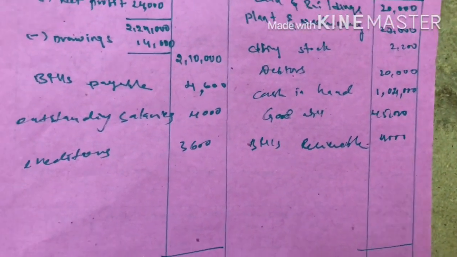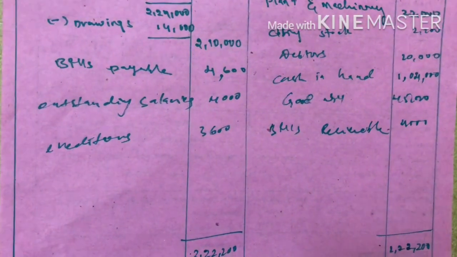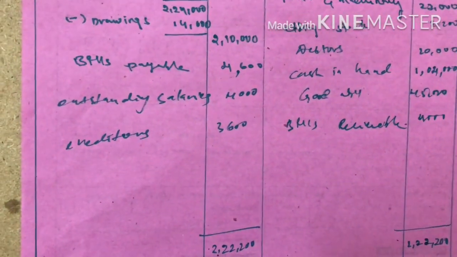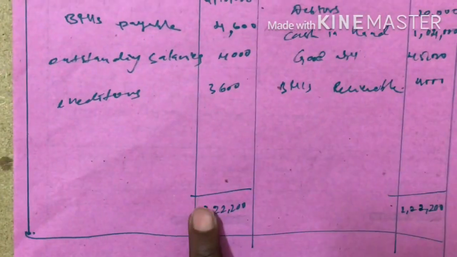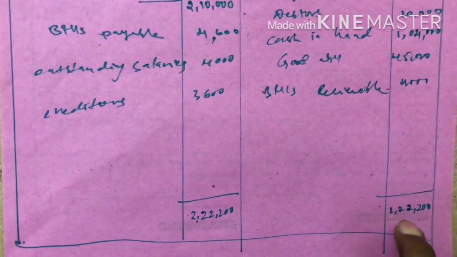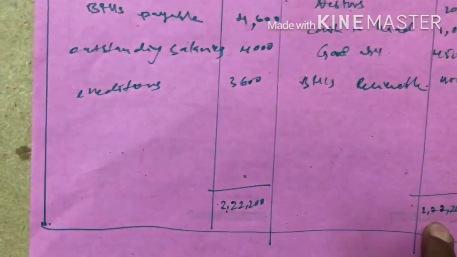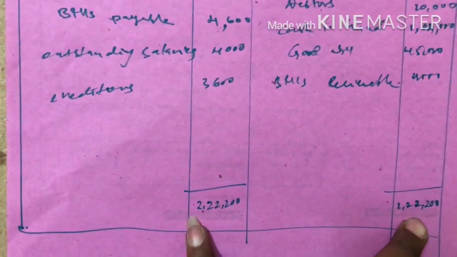This is one of the simple problems of the balance sheet. Check yourself also. Now we can observe that the liability side has the same amount as the asset side, so the liabilities and assets are tallied.